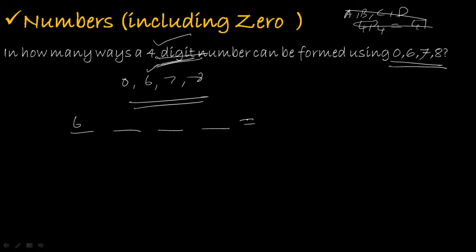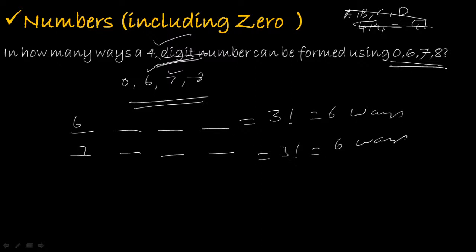The 3 positions can be filled by 3 digits in 3 factorial ways, or 6 ways. Am I right? Next, fix the first digit as 7. The remaining 3 positions can be filled by the 3 digits in the same 6 ways, that is 3 factorial.